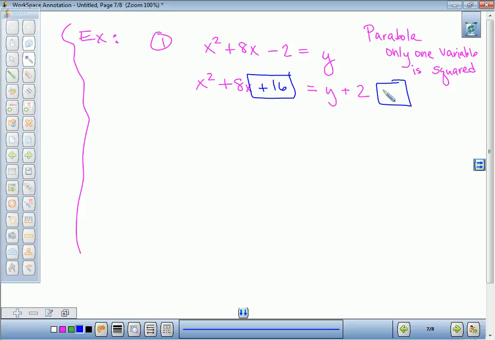It's 16, so we have to add 16 here. All right, this perfect square trinomial factors to what? X plus 4. And 2 plus 16 is 18. And then you move the 18 back.